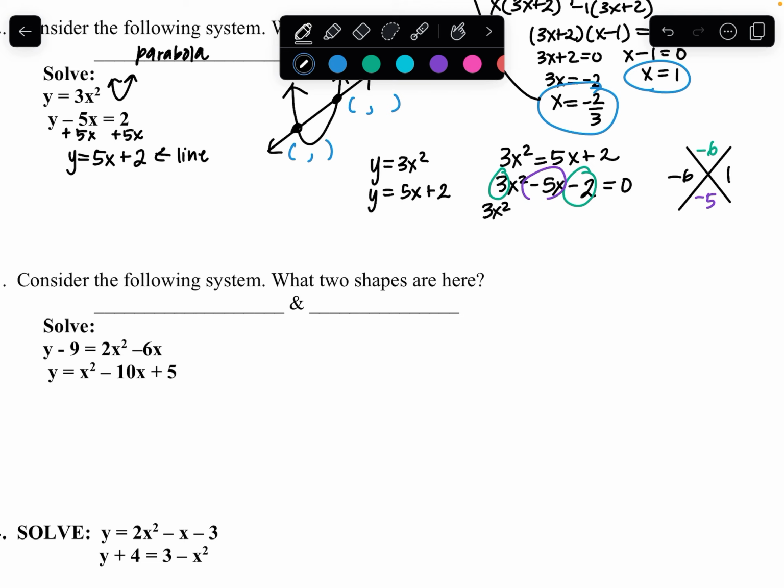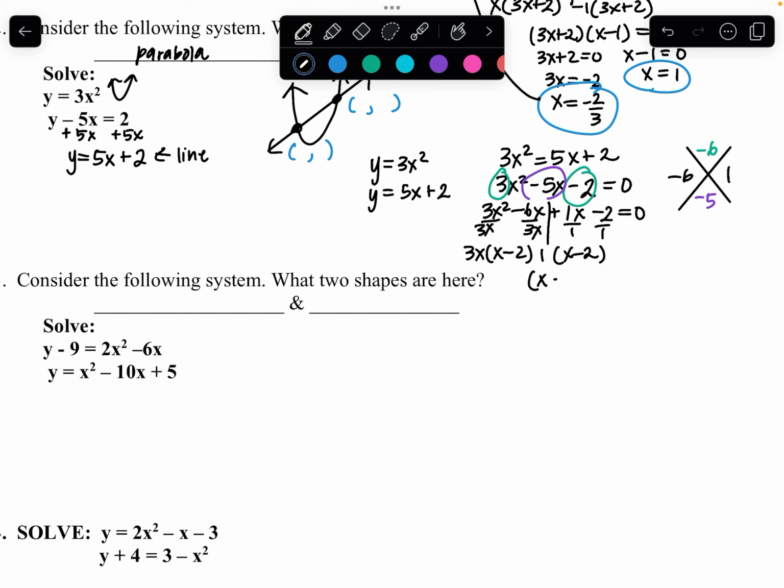And so when I split the middle, and factor 2 at a time, I can factor out a 3x from the first pair, leaving an x minus 2. All I can factor is a 1 from the second pair, leaving an x minus 2.